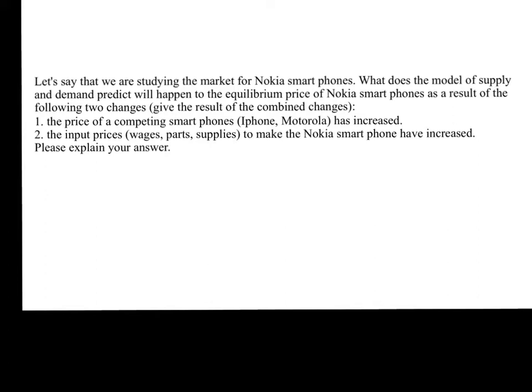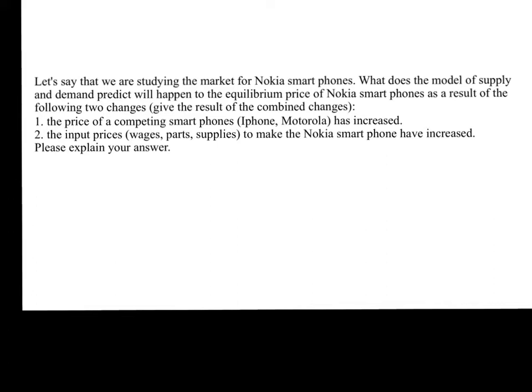So here we have an essay type question, and we're asking what happens to the equilibrium price and quantity of a particular kind of smartphone, in this case a Nokia smartphone, and two changes take place. So we have to say what happens to the equilibrium price and quantity after these two things happen.